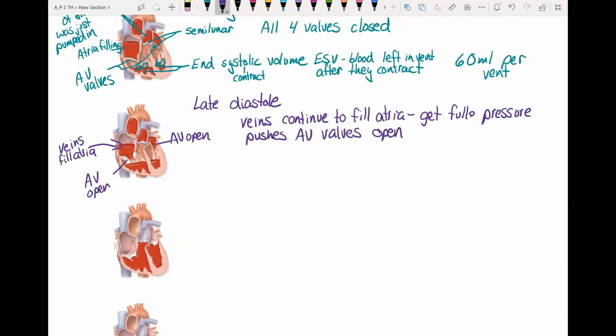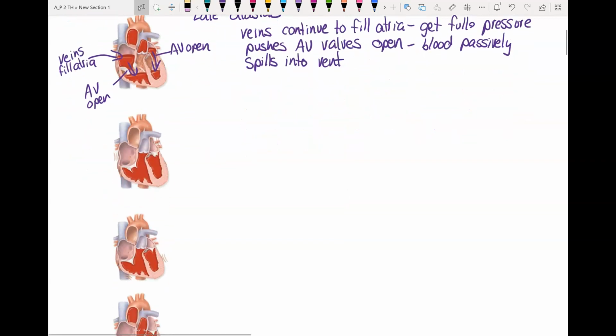So now that they're open, blood spills into the ventricles. Notice we're not contracting yet though. This is a passive spilling. So once those valves open, blood passively spills into the ventricles. Then we can move on to atrial systole.